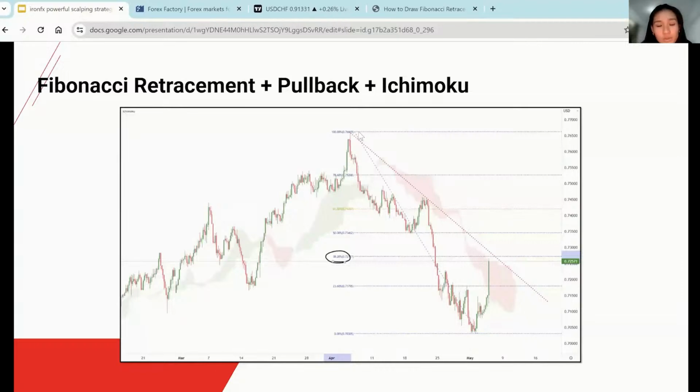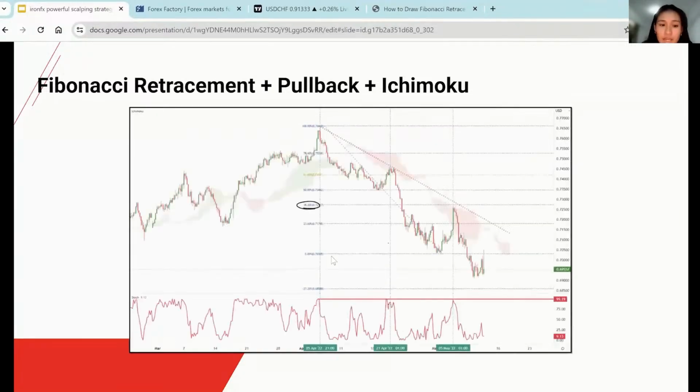Now we see price where we expect it to reverse off of the descending trend line. It's also in line with a 38.2% Fibonacci retracement, and we're using it in combination with stochastic as well. The method that we're using is called a hidden resistance.